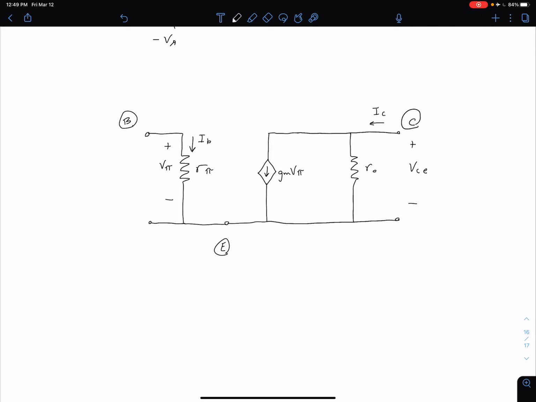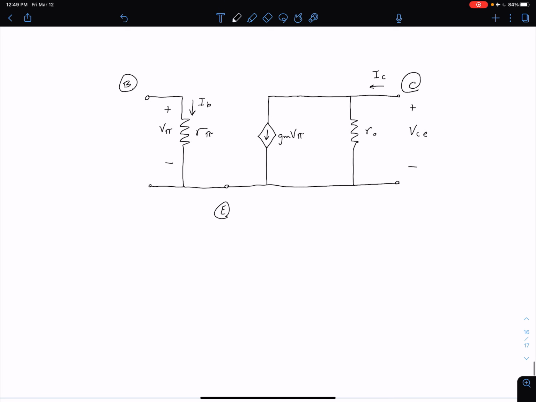We can also define the input voltage on this side. If we have our base emitter voltage as our input and our VCE as our output, what we can see is that this early effect, our R0, our small signal transistor output resistance, is going to change our voltage gain. Other ways you'll see this written is that VA is not equal to infinity, so it's some finite number, and R0 is also not infinity.